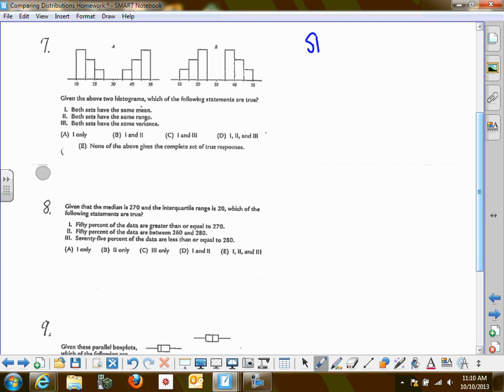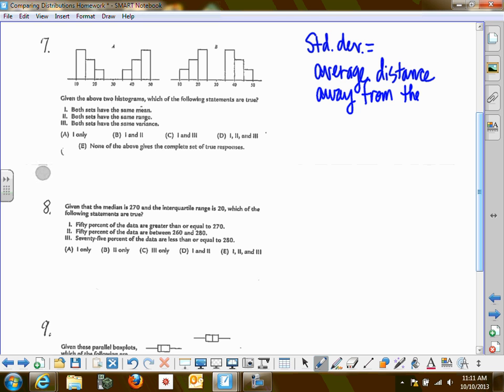What is the definition of standard deviation? Correct. Average distance away from the mean. Okay, very good. Let's keep that in mind as we go through here.